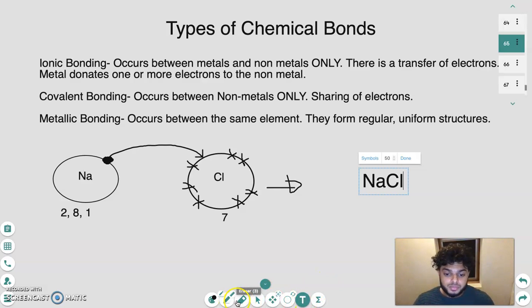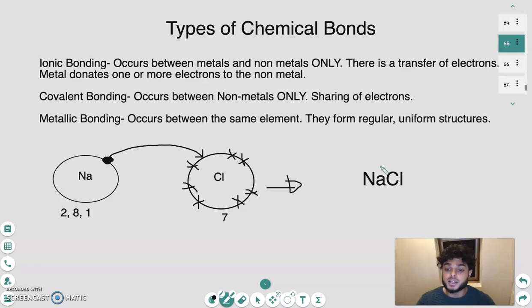Now sodium has donated one of its electrons, therefore it has a surplus of protons and a deficit of electrons, therefore it is positively charged. Chlorine, which is now chloride, has gained an electron, so it is now negatively charged. So sodium chloride, the use of this is table salt. It's used on food, etc. And this is a slight introduction into ionic bonding. Thank you.